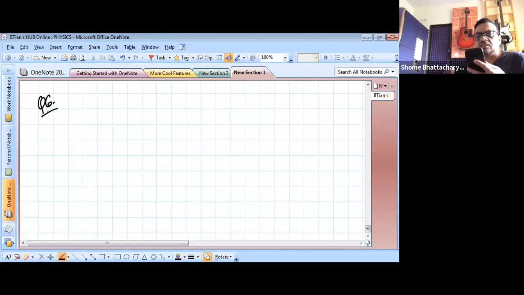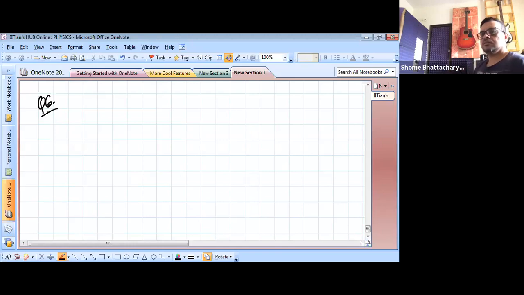So question 6 says that we have 3 vectors whose directions are along the sides of an equilateral triangle taken in the same order, but their magnitudes are 1, 2, and 3.